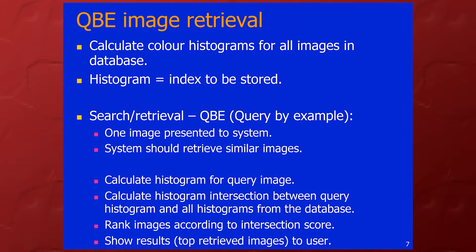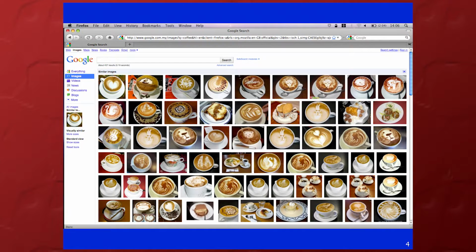Then we rank everything, and we get what I've shown you before, namely search results sorted by visual similarity based on those features.